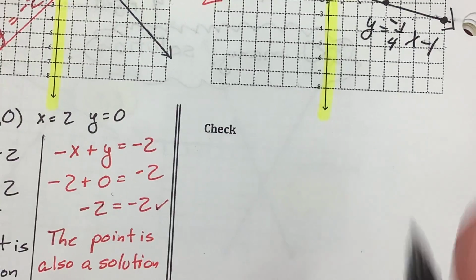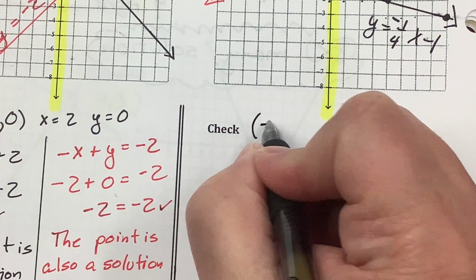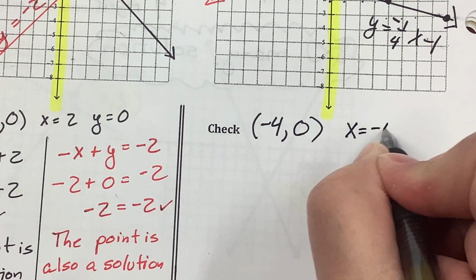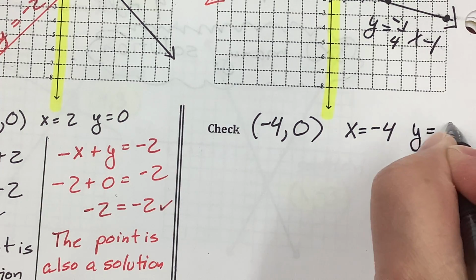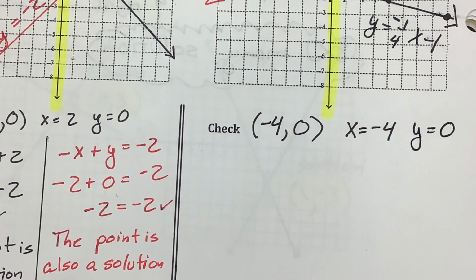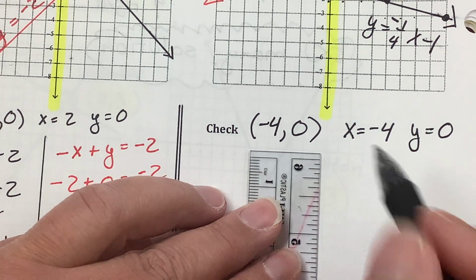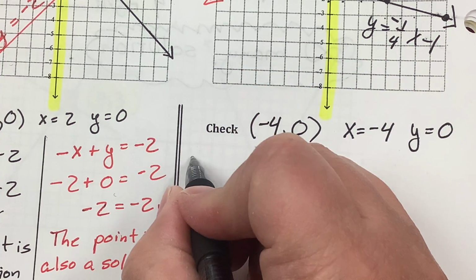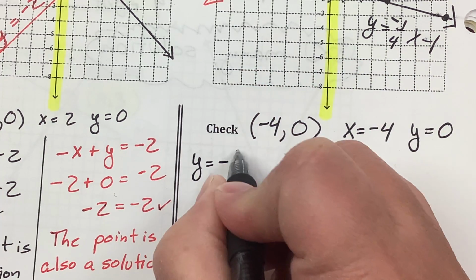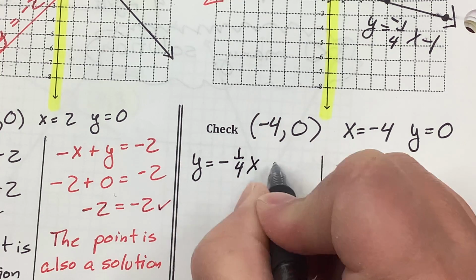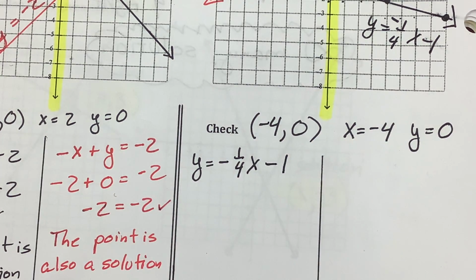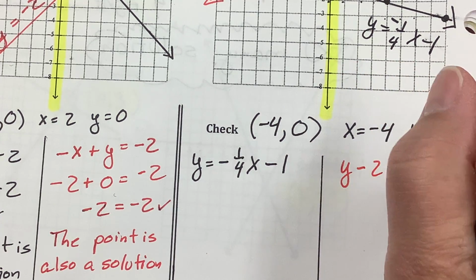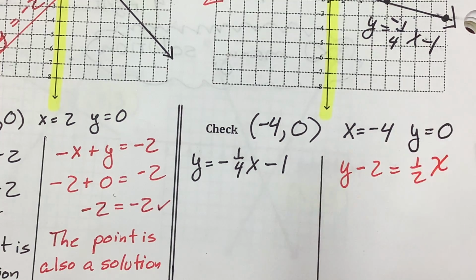So here we go. The point that I have to check is -4, 0, which is x equals -4 and y equals 0. So let's check those two. In the original equations, remember you're always going back to the original equations. And I had here y equals -1/4 x minus 1 and y minus 2 equals 1/2 of x.